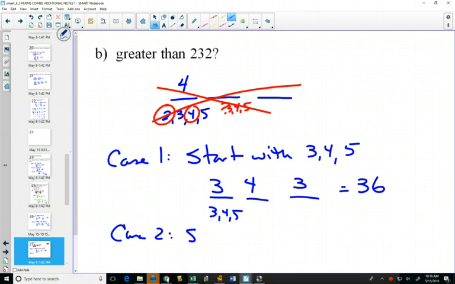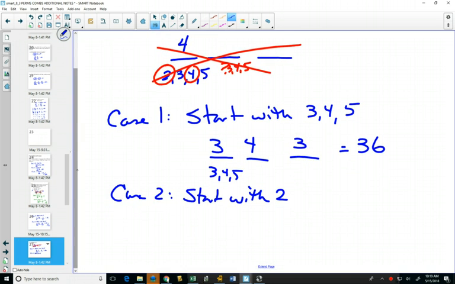So what haven't I counted? Case 2, I haven't counted my numbers that start with 2, my 200s. So if I make my first digit a 2, there's one choice there. Now, with the second number, I'm going to do the same strategy I did in part 1. What would guarantee that it's going to be bigger than 232?